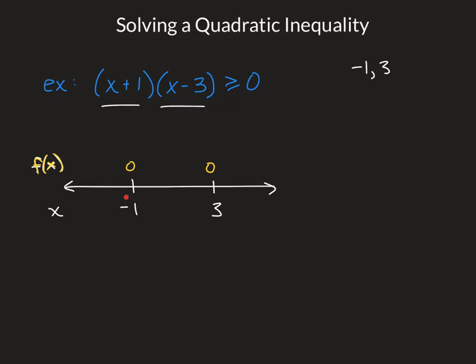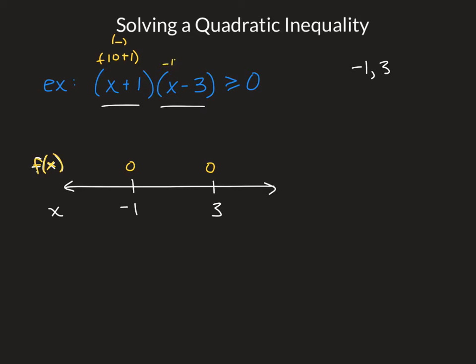Okay, now I need to plug in numbers to the left of -1, in between -1 and 3, and a number greater than 3, and I need to see if it makes this positive or negative. So let's plug in a number that's less than -1. Let's plug in -10, just to make sure we're pretty far away. We plug in -10 plus 1, that gives us a negative number.